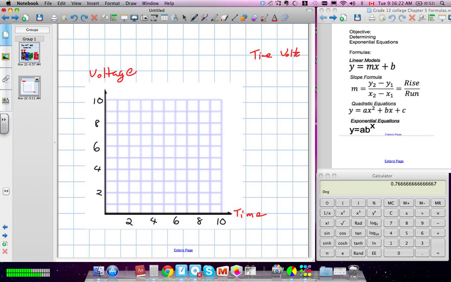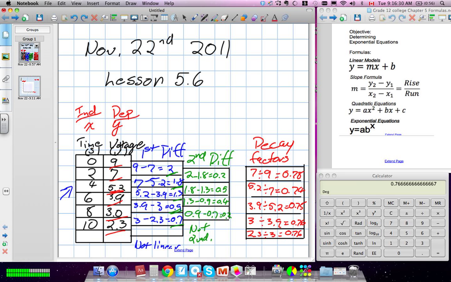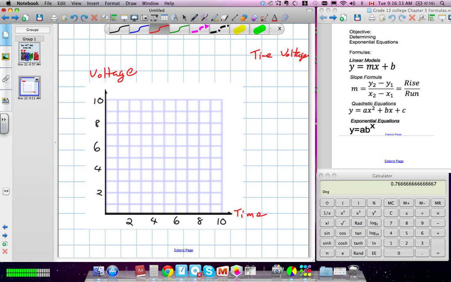So we had time and voltage. We had it on a chart on the other page, right here. I'm just going to write the coordinates down on our second page here. So our very first coordinate for time and voltage was 0 and 9. Okay. So 0 and 9, that means time was on our x-axis, it was our independent, and voltage was our dependent variable, which was our y.